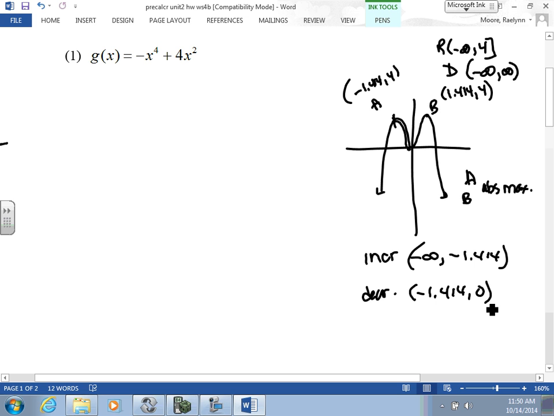Then at this x point, I'm increasing my value of y to that x point. So I loop another segment. And then after that, at that value of x, I'm decreasing to infinity.